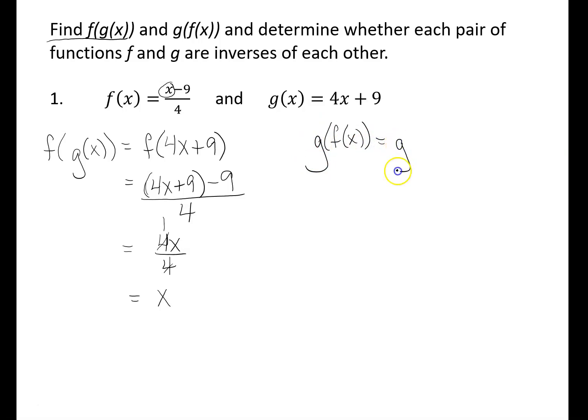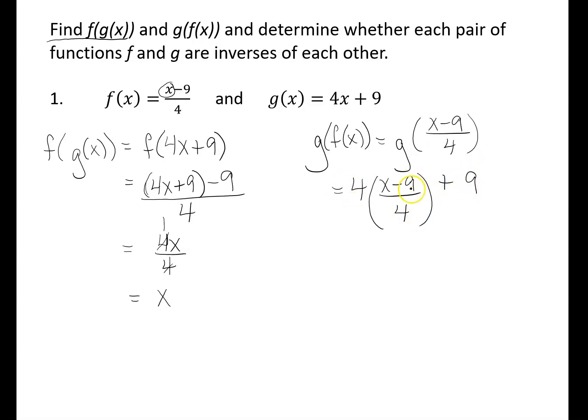So we keep the g. In place of the parentheses there, we're putting what f of x is. So that's x minus 9 over 4. Okay, so look at g now. And g starts with a 4, so we need that 4. Then we're replacing the x with this fraction, x minus 9 over 4, and then a plus 9.